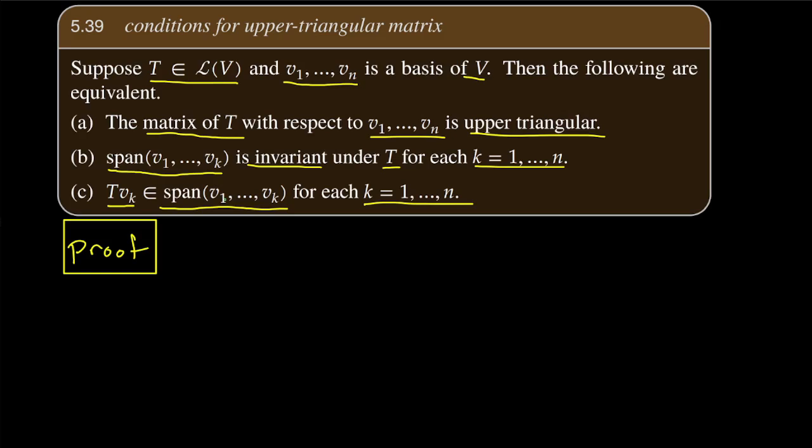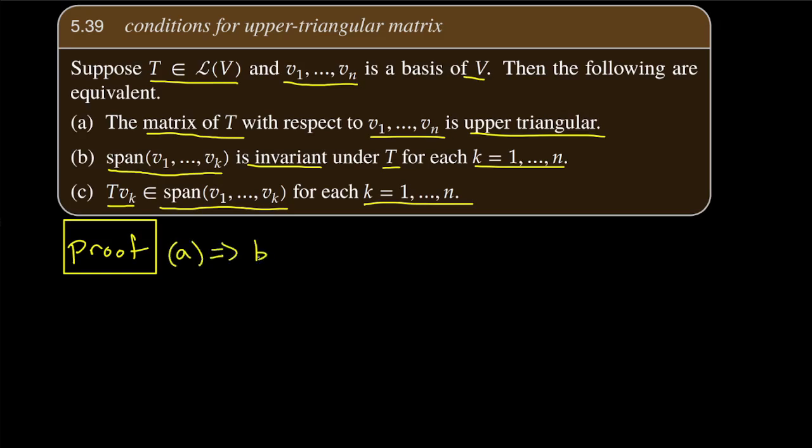If T of v1 is in the span of v1, then v1 is an eigenvector for T. Upper triangularity tells you that T has eigenvalues. Whoa, or eigenvectors at least. In fact, it has to have eigenvalues because you can't send a vector to something in its own span without just scaling it, right? So let's prove it.